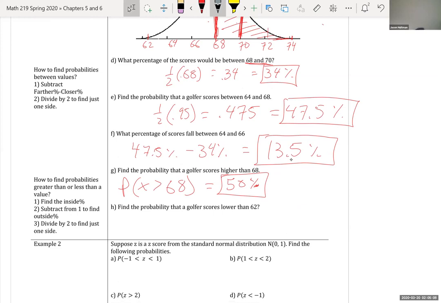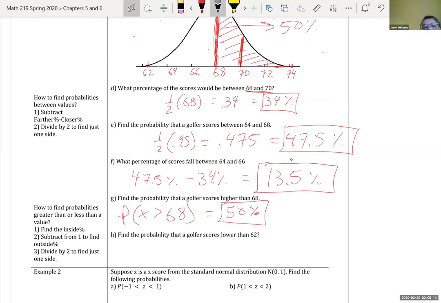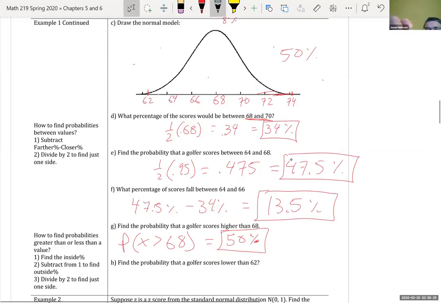Okay, find the probability that a golfer scores lower than 62. Ooh, that one's interesting. Lower than 62. So 62 is how many standard deviations away from the mean? Let's count them. If this was 0 and this was -1, then this was -2 and this is -3. So 62 is 3 standard deviations below the mean. So here's how I write this.